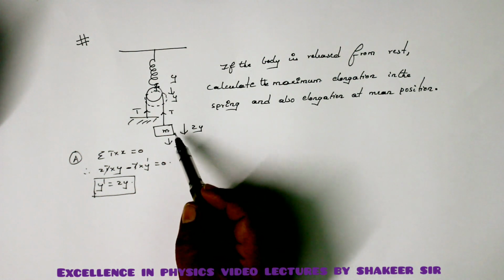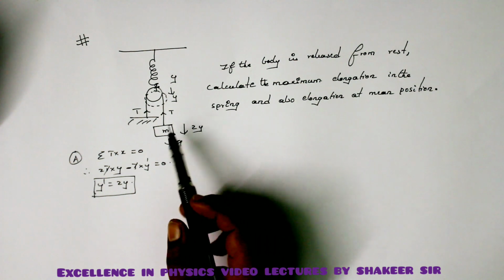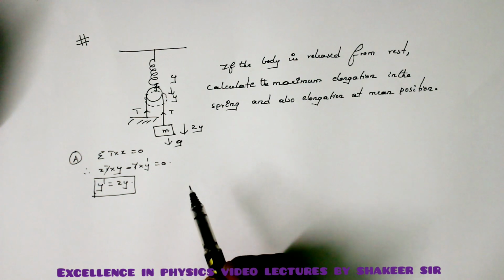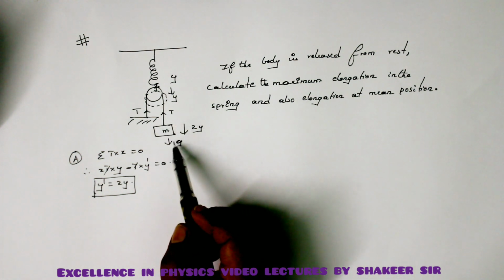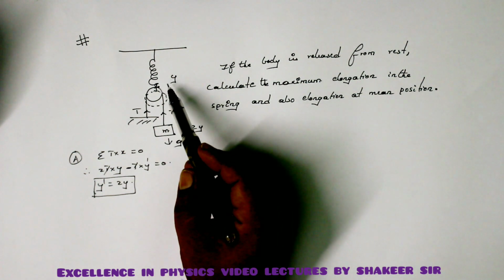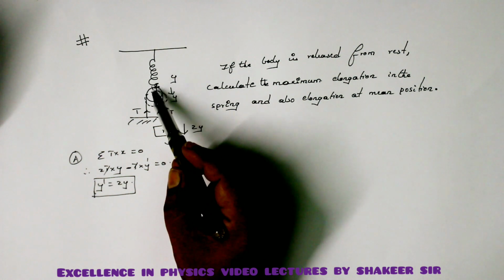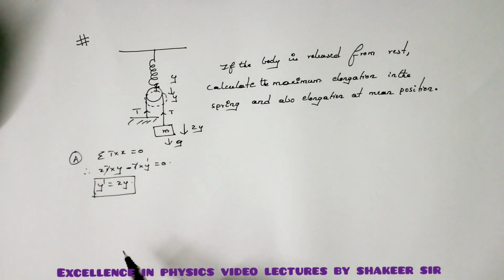So its velocity continuously decreases, and after traveling a particular distance of 2y, its velocity will become 0. It means this body has lost some potential energy, and the same amount of potential energy lost by the body will be stored in the form of elastic potential energy of the spring.